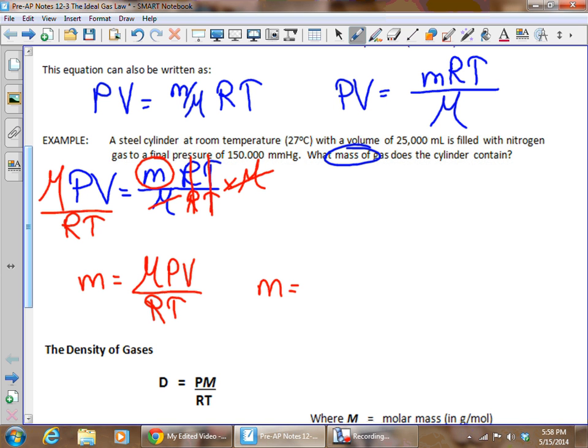Now be really careful. We look up nitrogen, and it would be really easy to put 14.01 grams per mole. But remember, nitrogen is diatomic, N2, so the actual molar mass is going to be 28.02 grams per mole. So be very careful with gases. You have to pay attention to what their formulas are, if they're diatomic or not. So the 28.02 grams per mole.